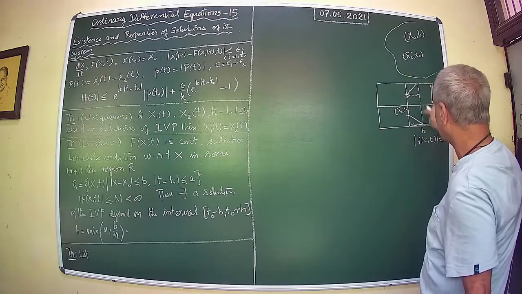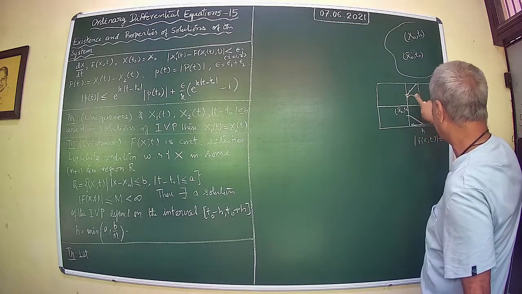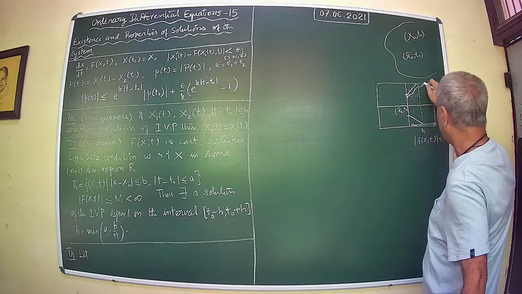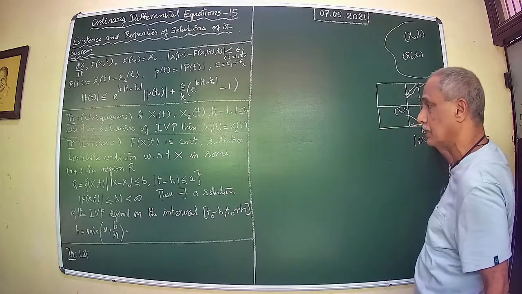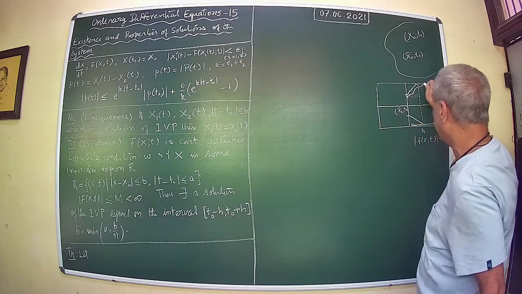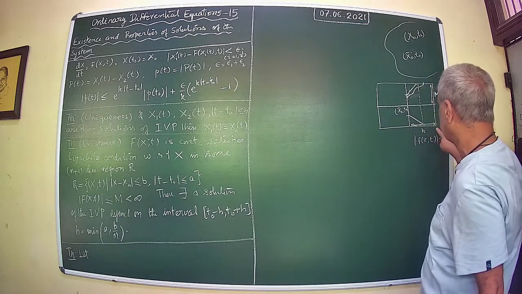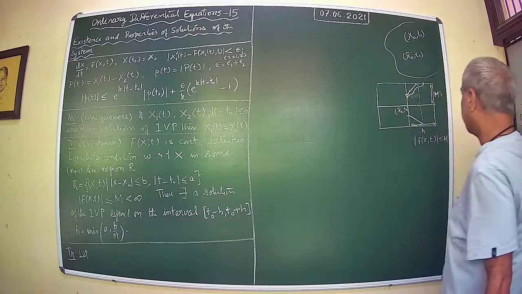Therefore, the solution will lie inside this region. But since you start here, a solution may not be defined on the entire interval mod t minus t naught less than h. It may come to the boundary before it reaches t naught plus h or t naught minus h on this side. So this can happen.